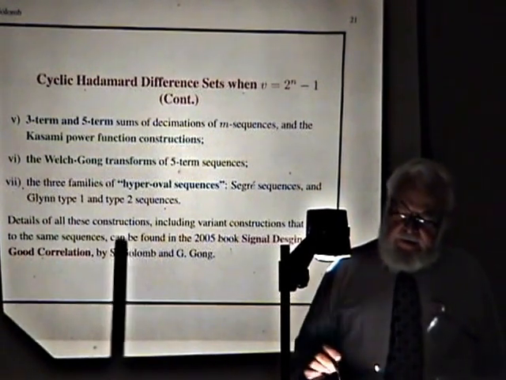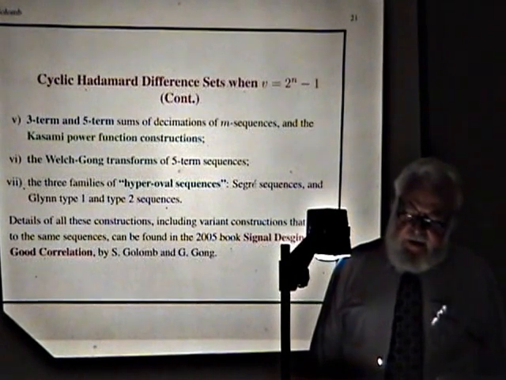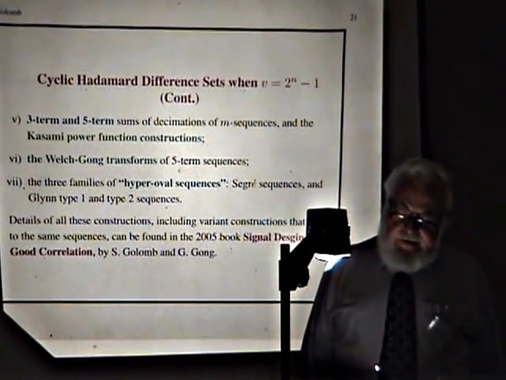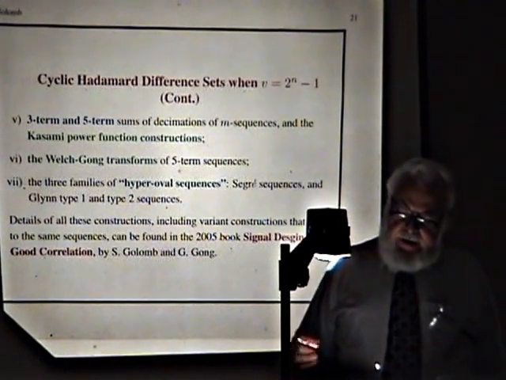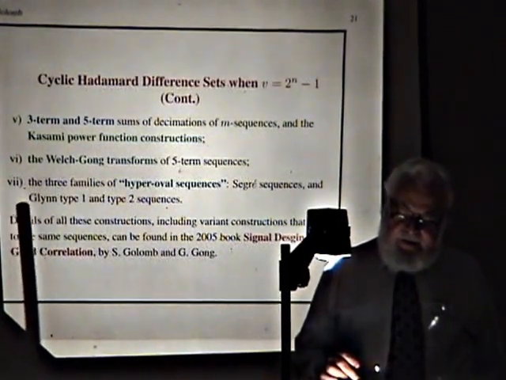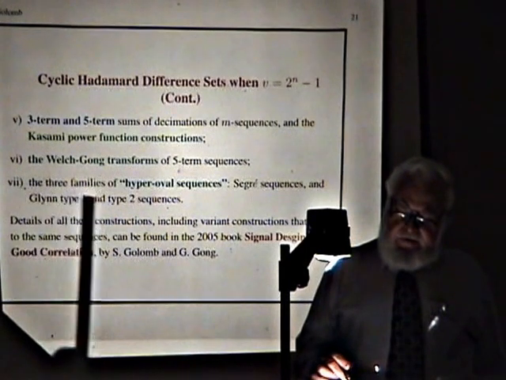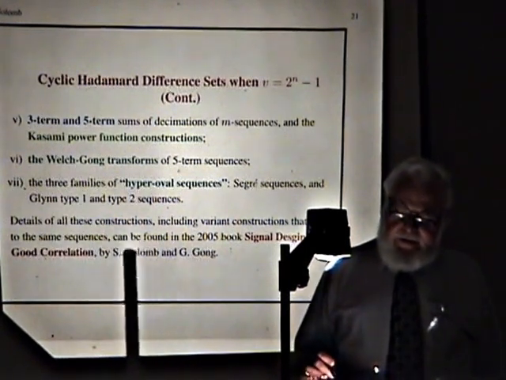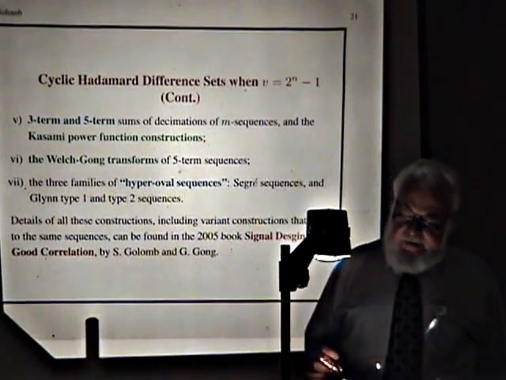Then what are called hyperovals in combinatorics, hyperovals in projective geometries, turned out to lead to 3 new families of two-level correlation sequences that collectively are called hyperoval sequences.